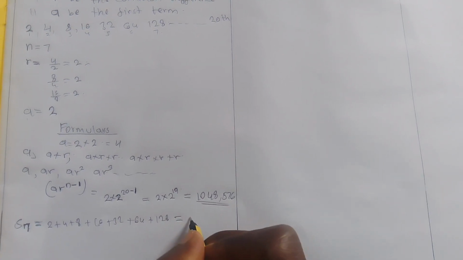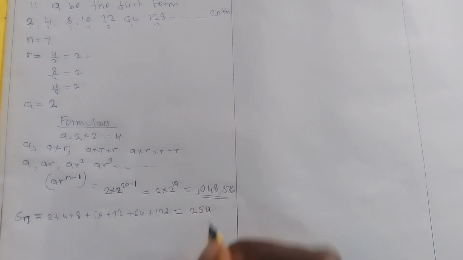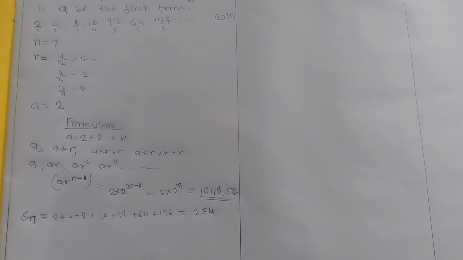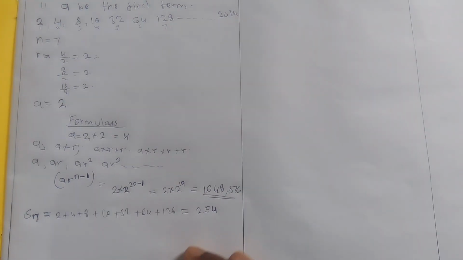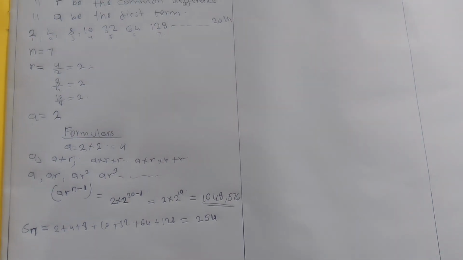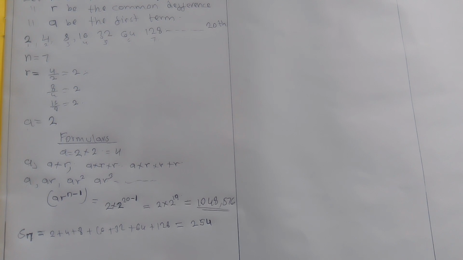This total gives you 254. But how can you get it without manual addition?